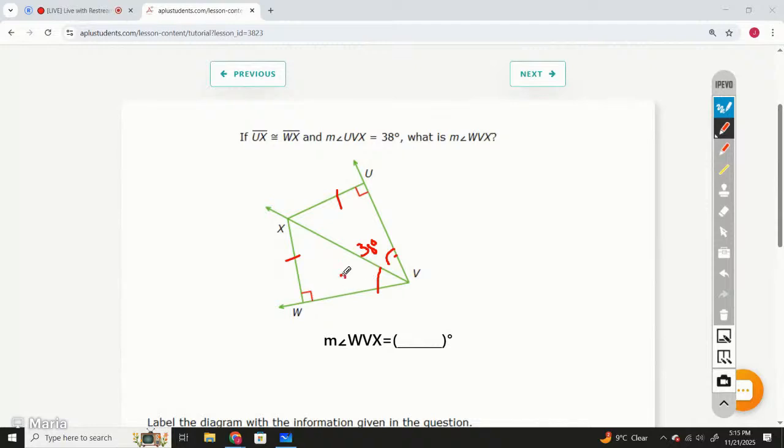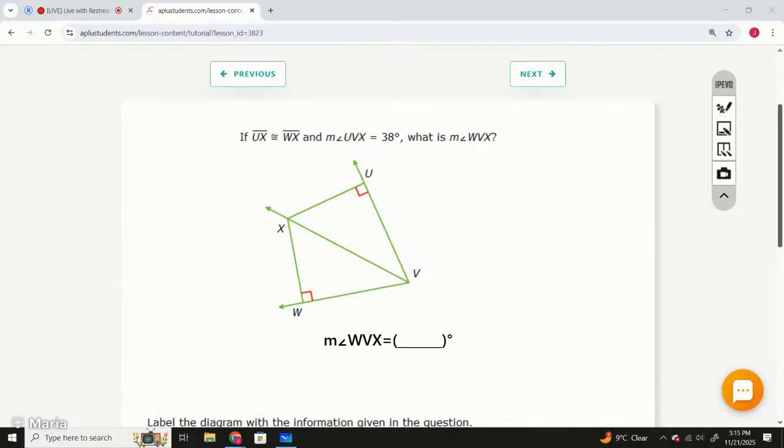Then WVX is also 38 degrees. The correct option is 38 degrees.